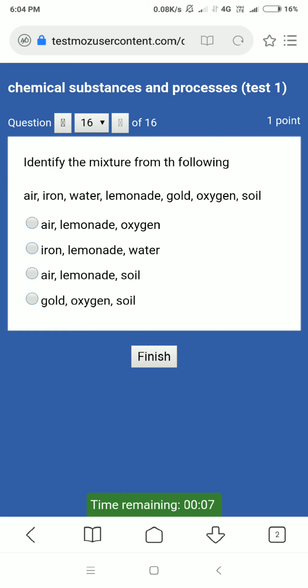So lemonade will be a mixture, air will be a mixture, gold, no, it is a pure substance, it is element actually. Oxygen, again an element, is a pure substance, but soil, it contains again a number of substances in it. So we can say that air, lemonade and soil, these are the mixtures, whereas the others are the pure substances.